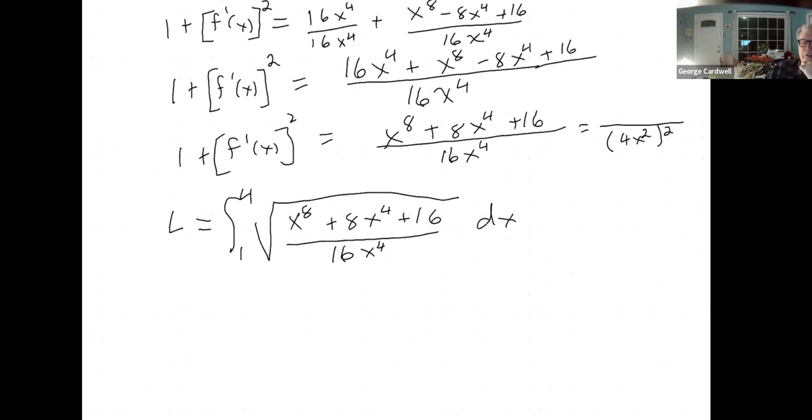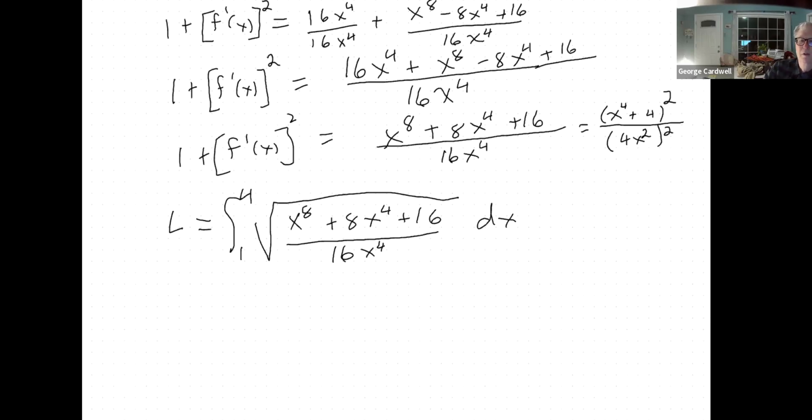If you factor the top, you end up with x to the 4 plus 4, the whole thing squared. Because the first term, x to the 4 squared, is x to the 8. Then if you wrote x to the 4 plus 4 times x to the 4 plus 4 and did the FOIL method, you get x to the 8, then 4x to the 4 plus another 4x to the 4, that'd be 8x to the 4, and then 4 times 4, which is 16.